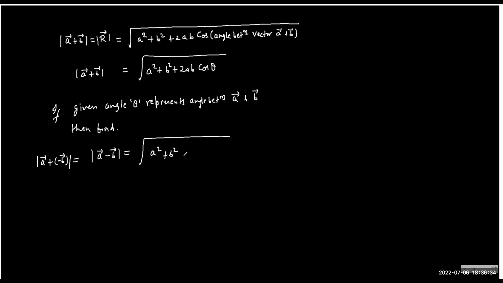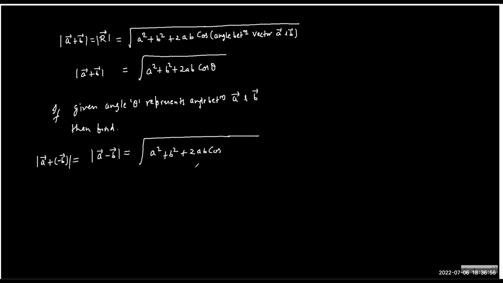Length never changes, right? 2AB cos. Now which angle do we need? We need the angle between A and minus B. But fortunately or unfortunately, what is given to you? The angle between A and B.